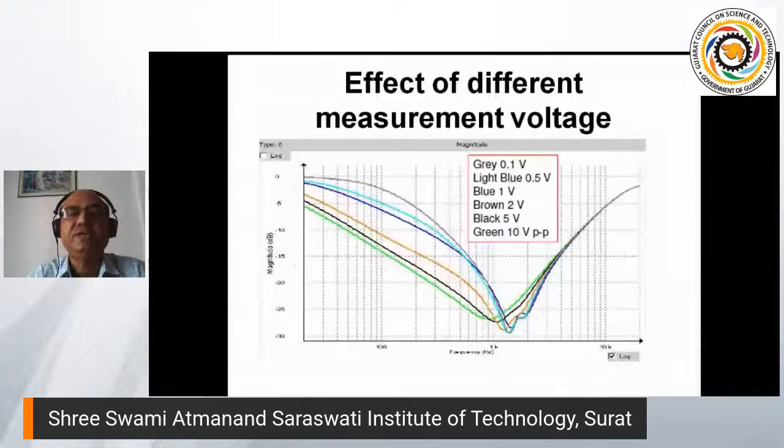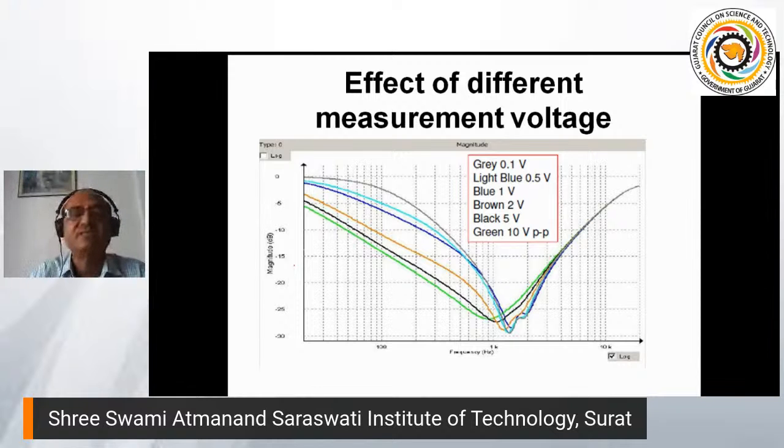The voltage effect is also possible to see: if you do it at 10 volt, 2 volt, or 5 volt, there can be minor variations. Normally the same voltage is used, and the transformer may be 132 kV, but the measurement is done in volts.